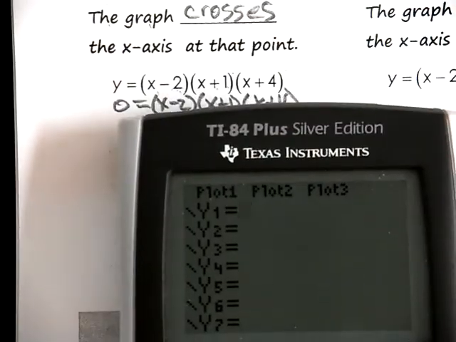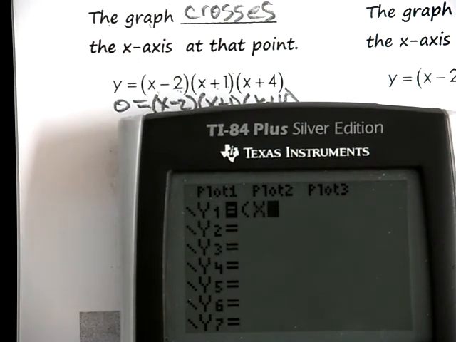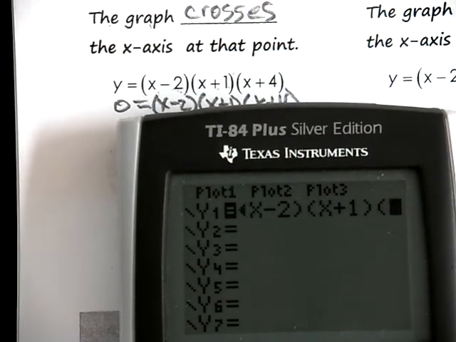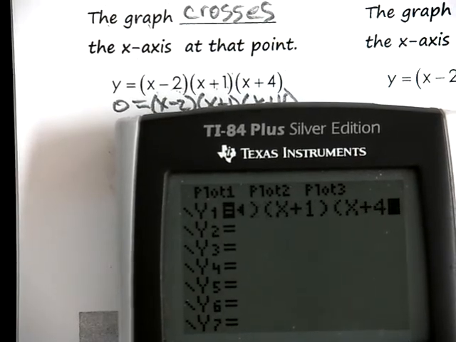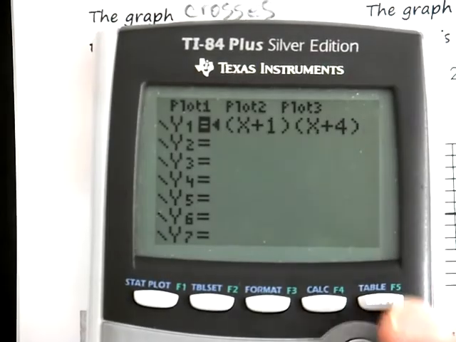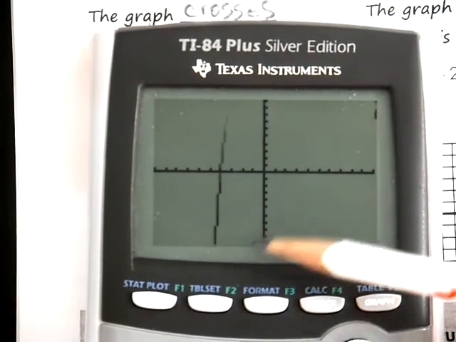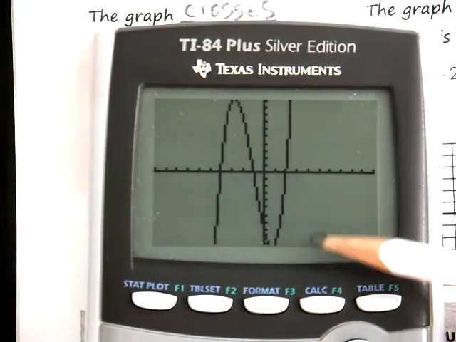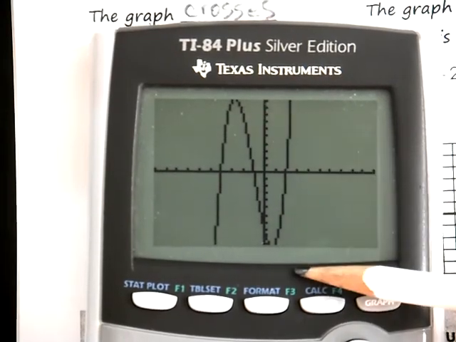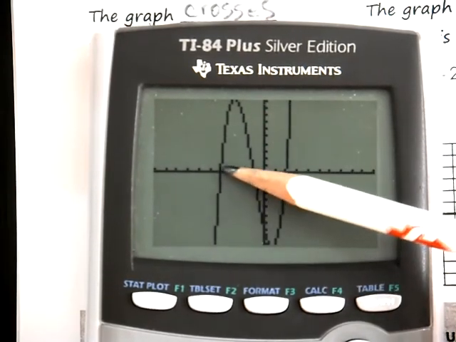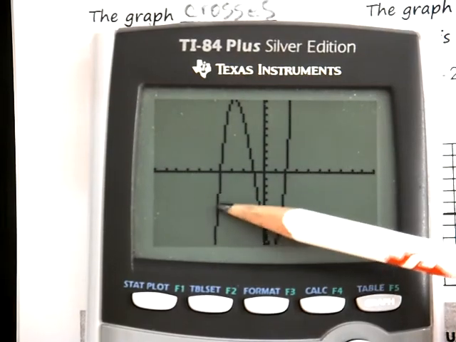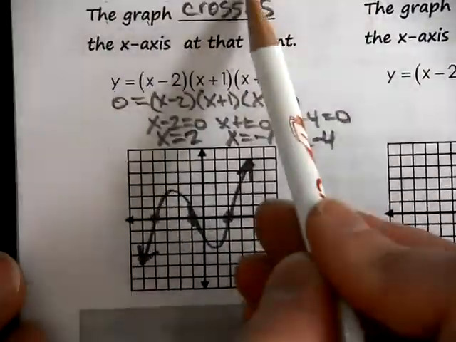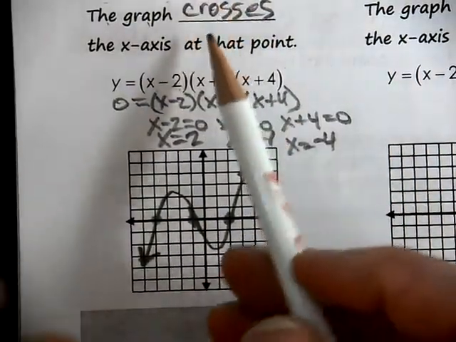We have x minus 2 and x plus 1 and x plus 4. You see the graph is going to go up, come down, and go back up. We're not worried about how high and low that we go, but the graph is going through. It's called a single zero because the graph goes right through it, very linear-like. It's a single zero.